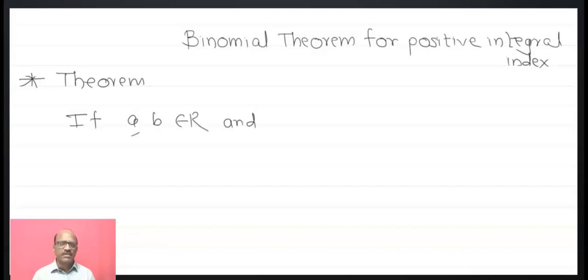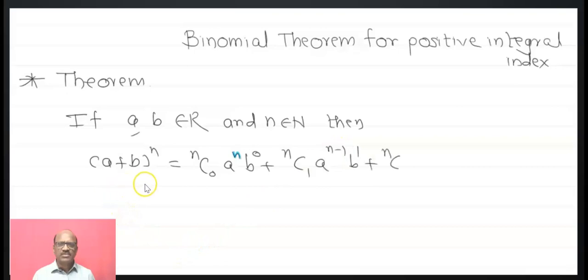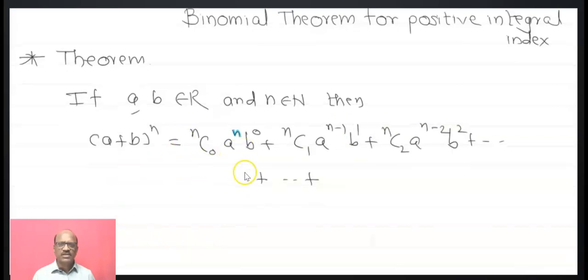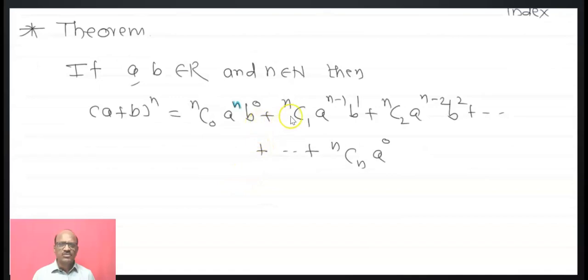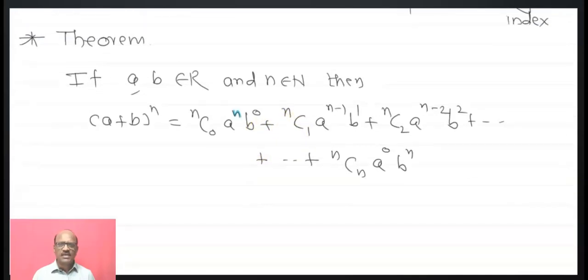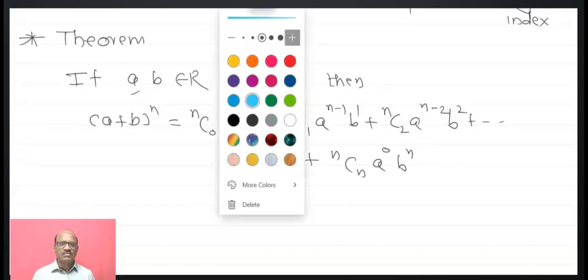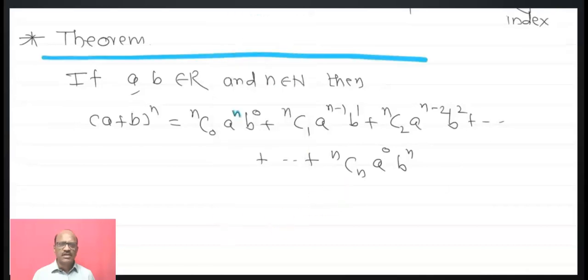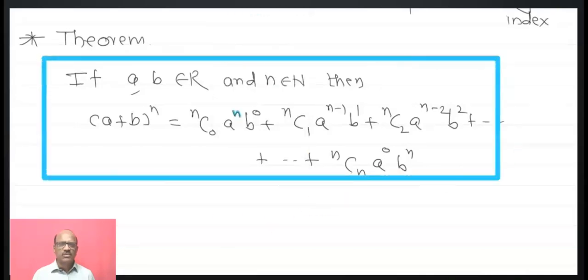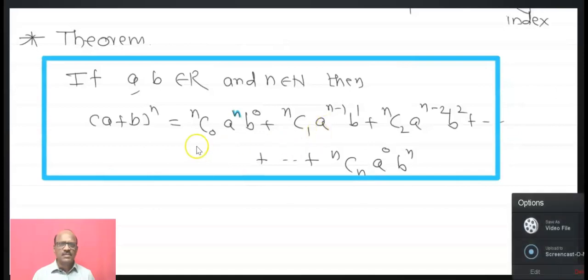The theorem: if a, b belongs to set of real numbers and n belongs to set of natural numbers, then (a plus b) raised to n is equal to nC0 a raised to n b raised to 0 plus nC1 a raised to n minus 1 b raised to 1, nC2.